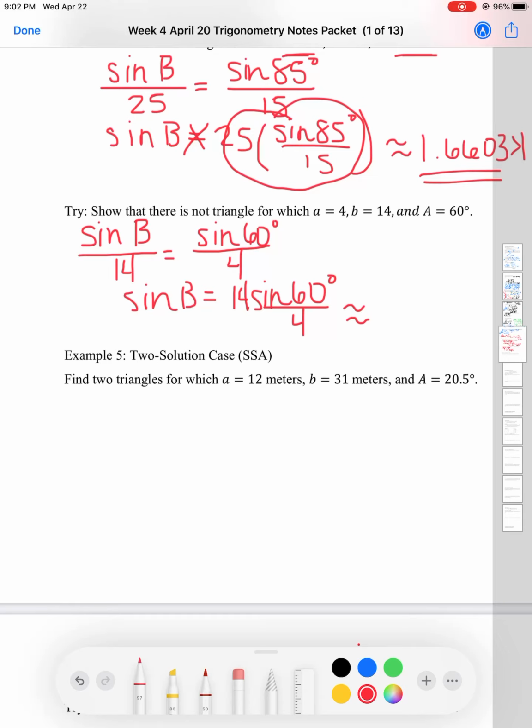We'll enter that into your calculator. 14 times the sine of 60 degrees divided by 4. That's about 3.03, which is greater than 1 for sure. So that's for sure no solution. Sine B cannot be equal to 3.03. So the no solution cases are probably the easiest.